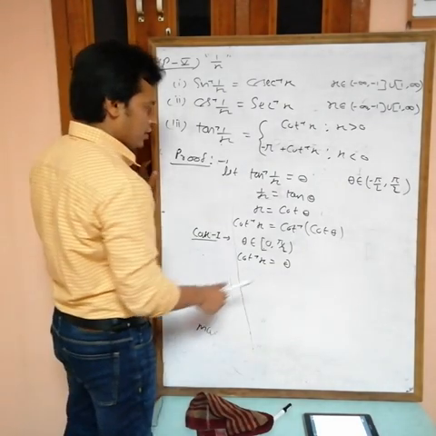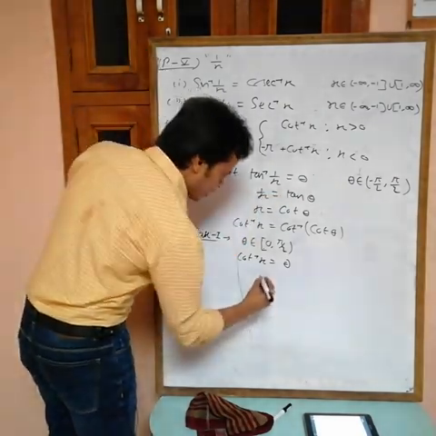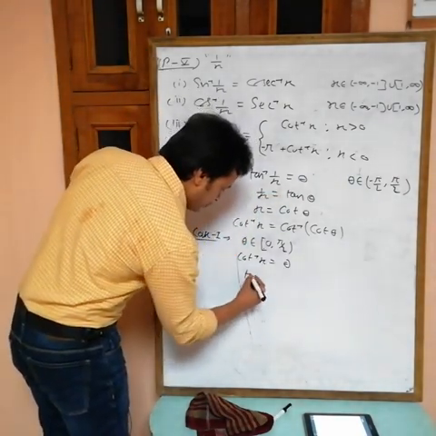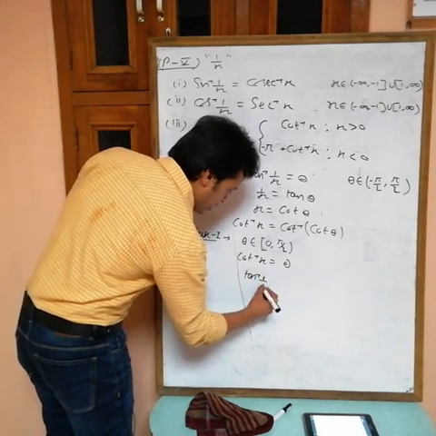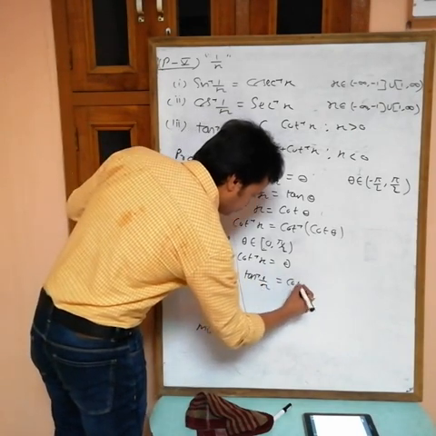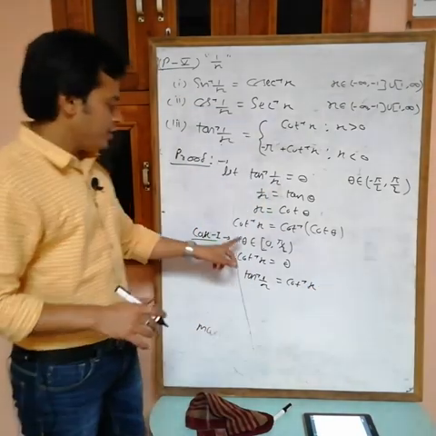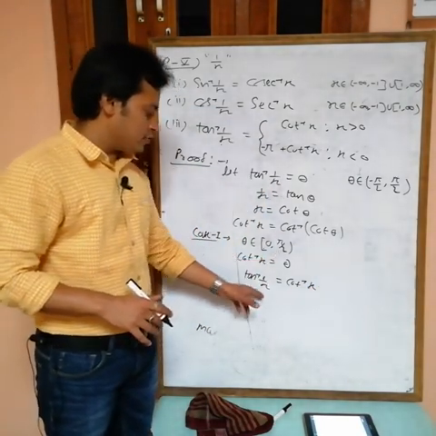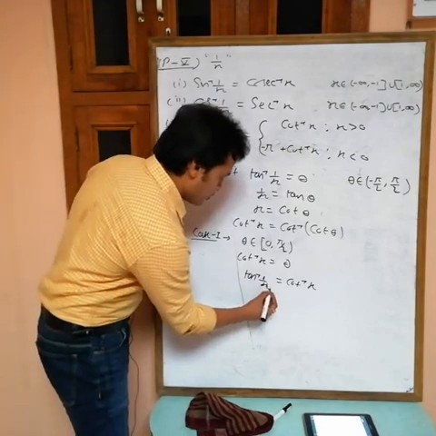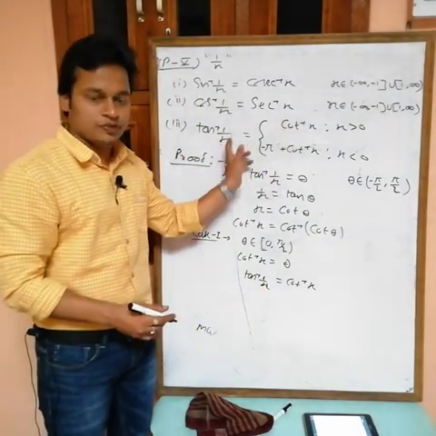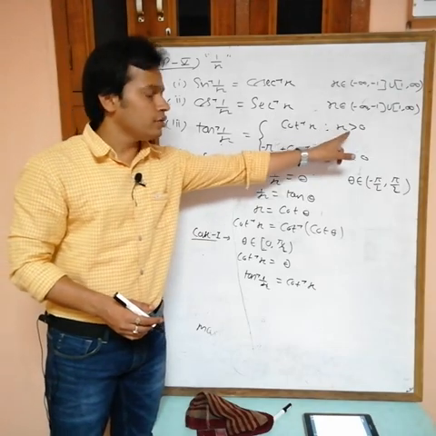Put the value of theta: theta is tan inverse 1 by x. So tan inverse 1 by x is equal to cot inverse x. It means when theta is in this interval, then tan inverse 1 by x is equal to cot inverse x.